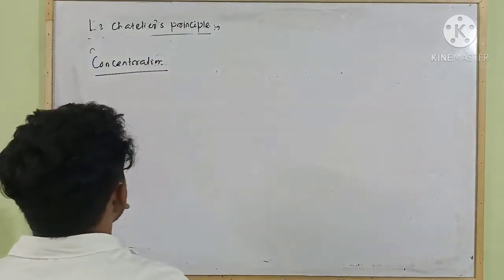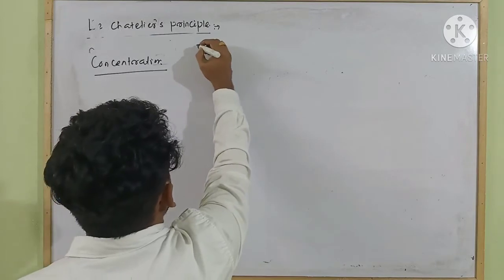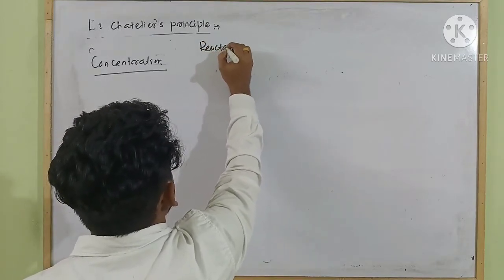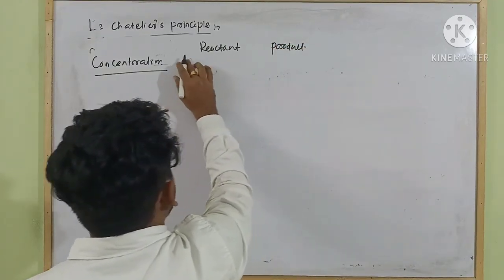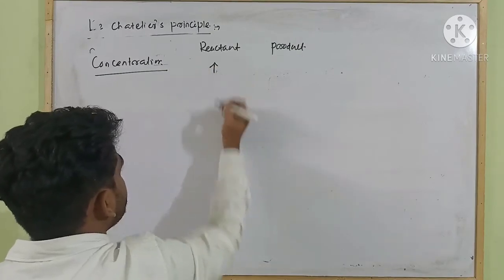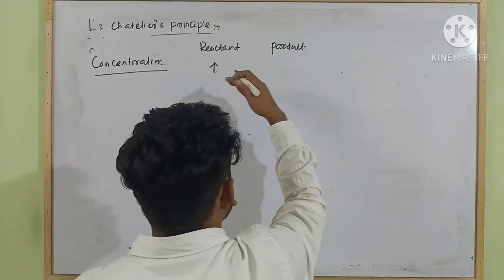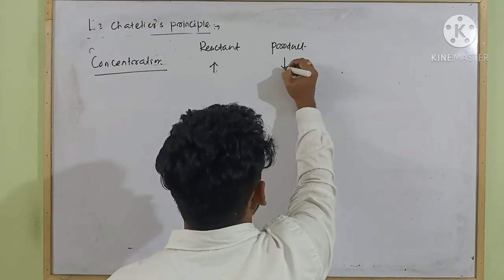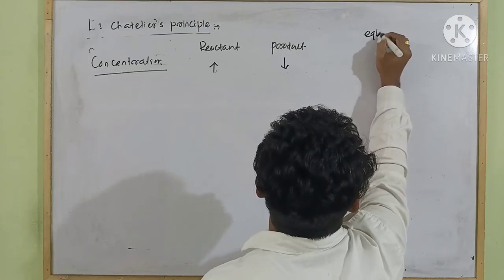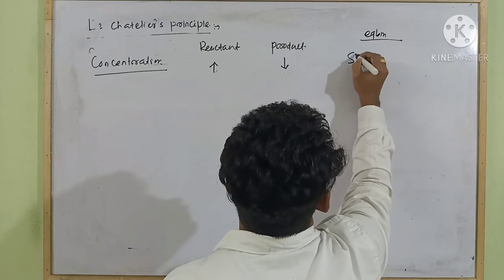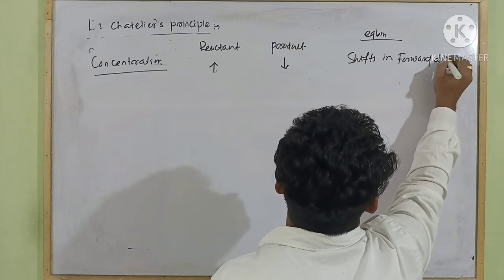If you increase the concentration of any reactant, or decrease the concentration of product, then the equilibrium shifts in the forward direction.